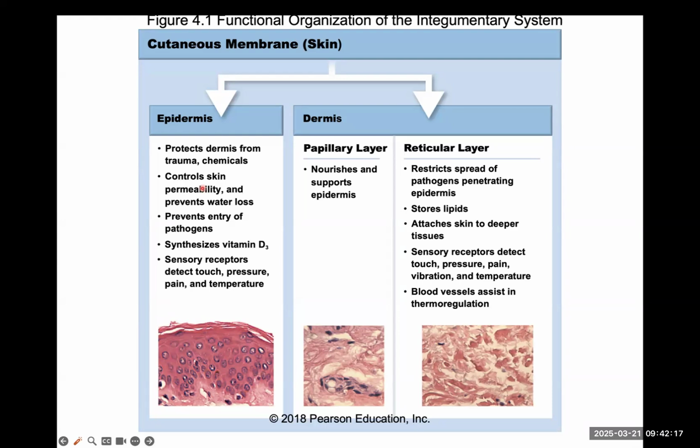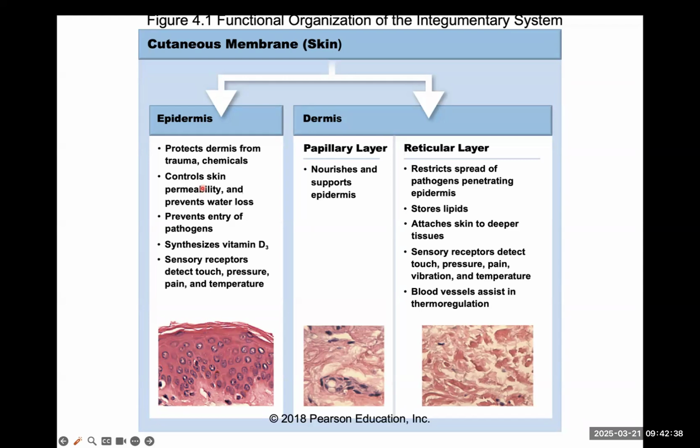It has dead skin cells, it protects you, and you've got pores or holes in your skin that let things come out like water and oils. And the skin cells are really connected to each other, and they have tight junctions.